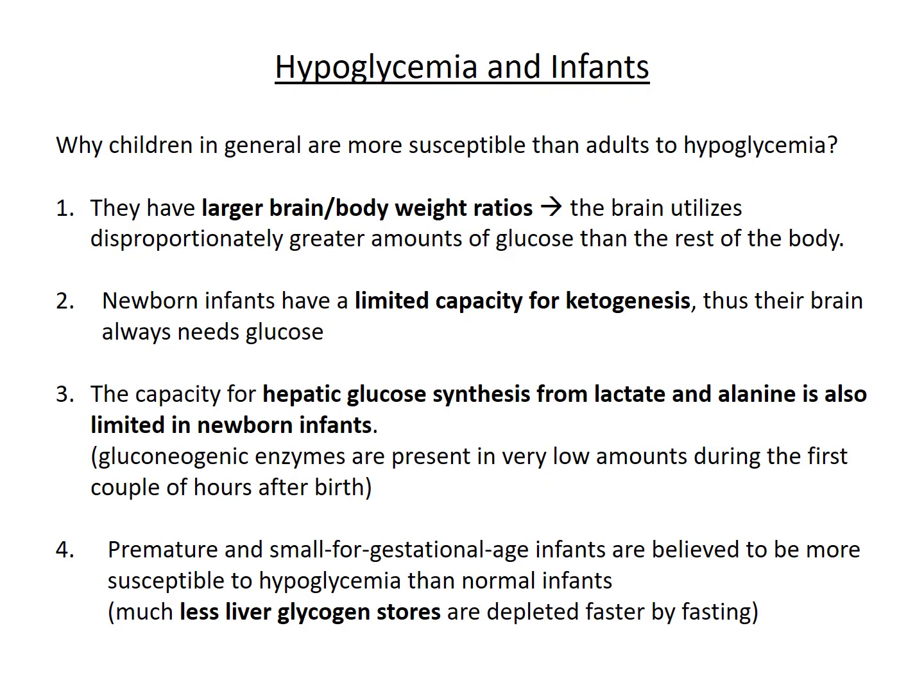Now, this is the same that I showed you in gluconeogenesis. Please read it again. Very important to remember that newborns, infants, children, and especially premature and small for gestational age infants are different from adults. They need to be fed with carbohydrates, with glucose, to keep them healthy and growing.